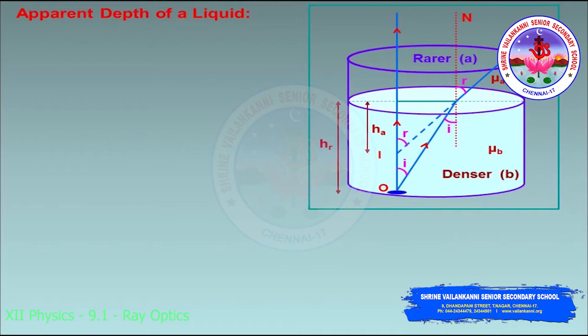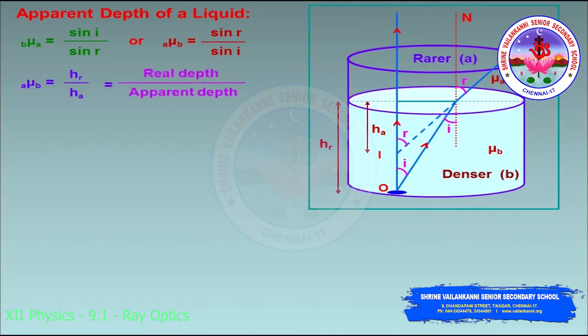From Snell's law, we know very well that for two media, mu is equal to sin i by sin r. So here we take the water and the air. As usual, mu BA is equal to sin i by sin r, or we can say mu AB is equal to sin r by sin i, right?